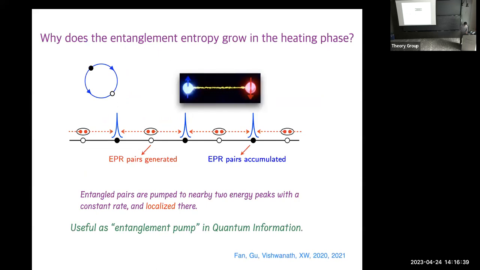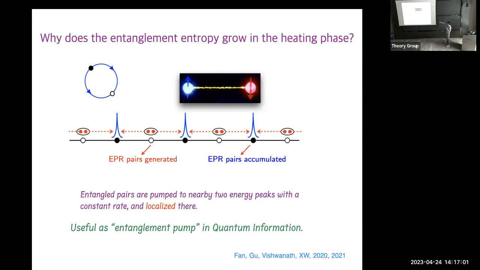Okay. One more feature I want to emphasize. You may want to ask why the entanglement entropy grows linearly in the heating phase. There is actually a very intuitive picture. As we drive the system in the heating phase, first there will be some energy density peaks as we introduced just now.